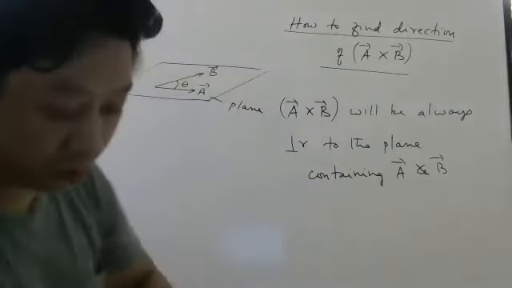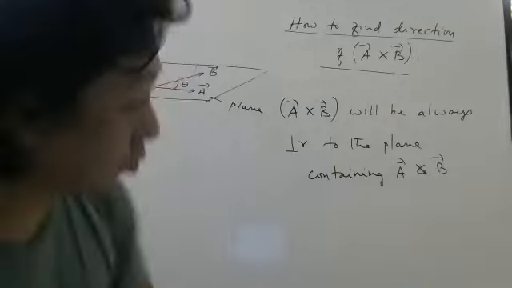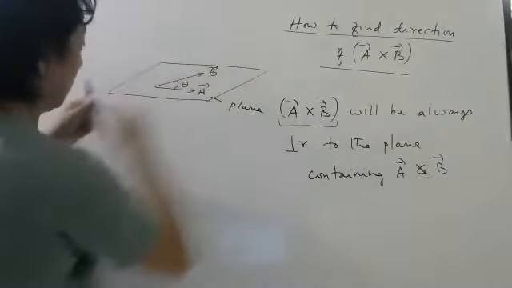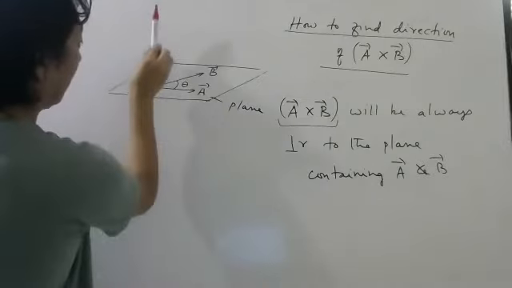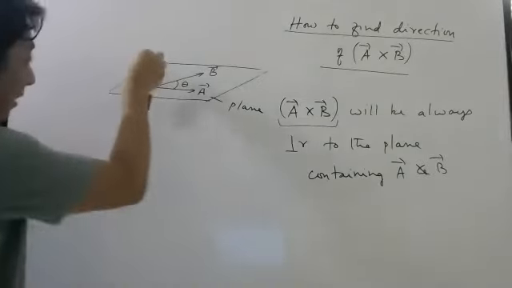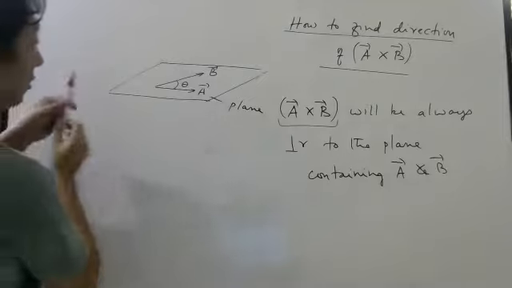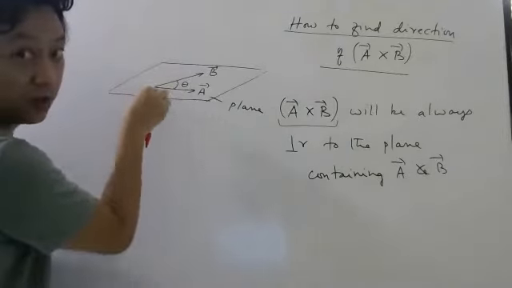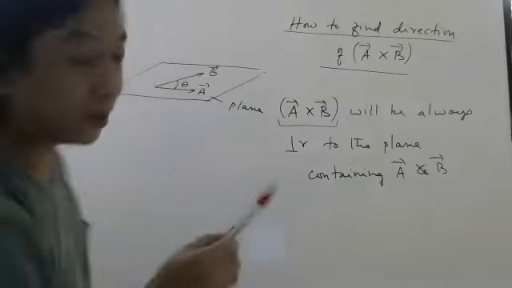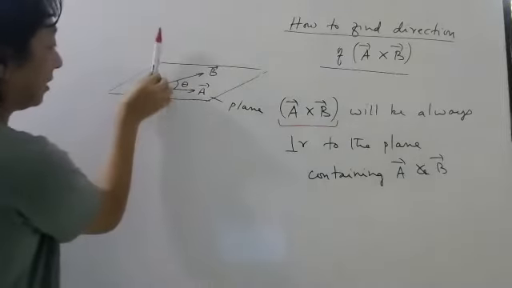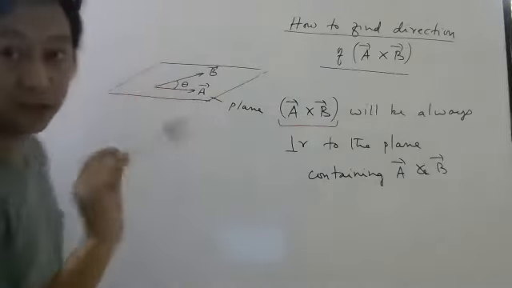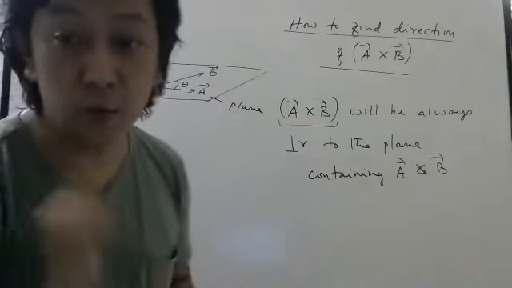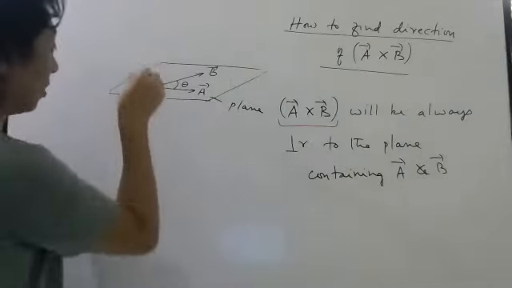According to the rules of cross product, the result will be perpendicular to this plane, meaning it can be either here or here. That is clear? Now, which one is it, this one or this one?